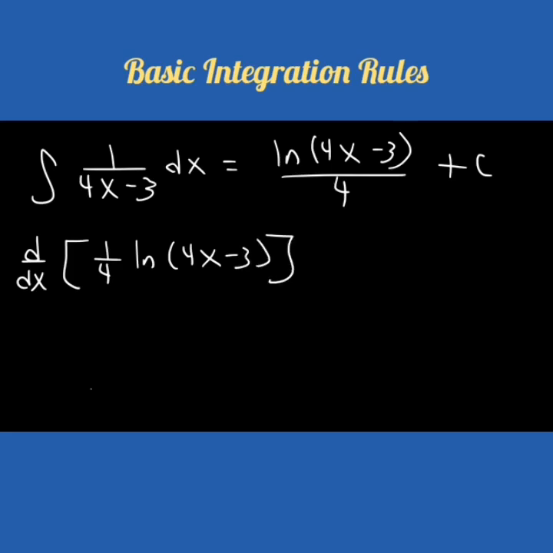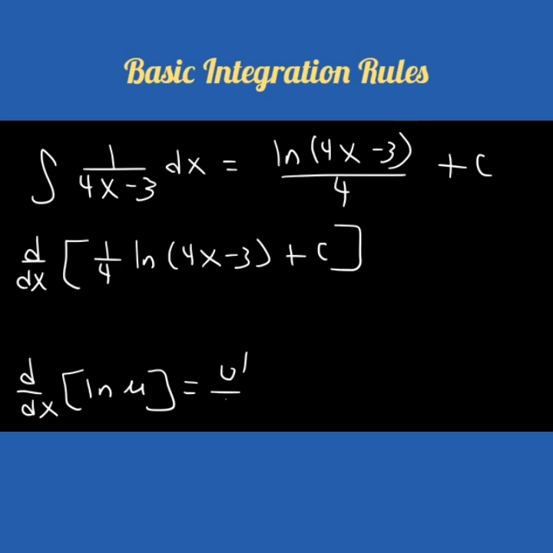So, to differentiate the natural log, we have a formula which is the derivative of ln u is equal to u prime over u. So, ang u natin is 4x minus 3, then ang u prime natin is 4.